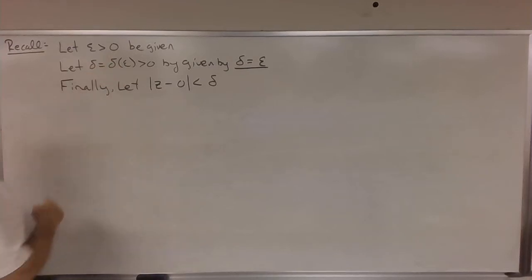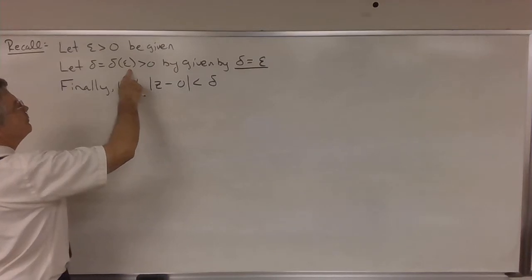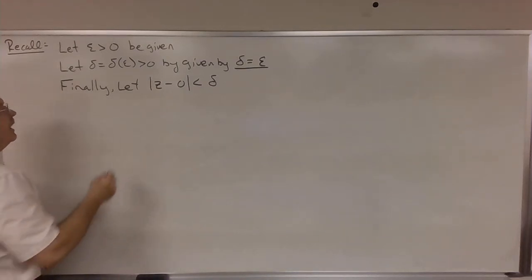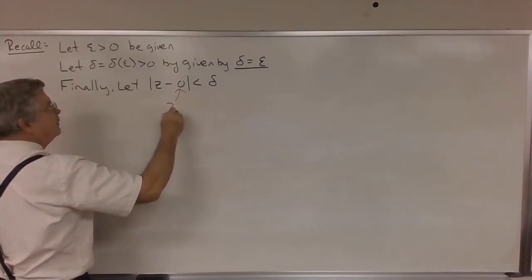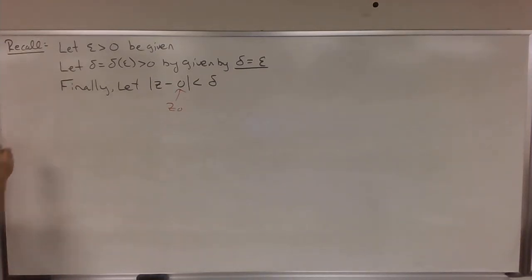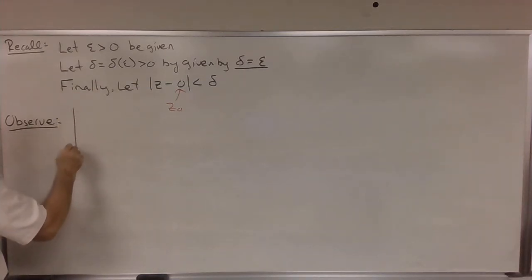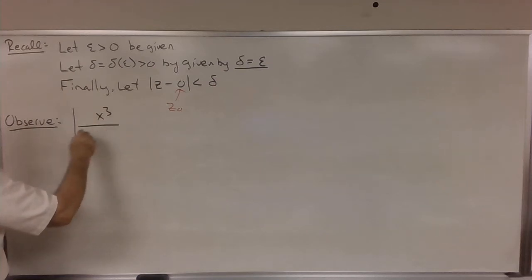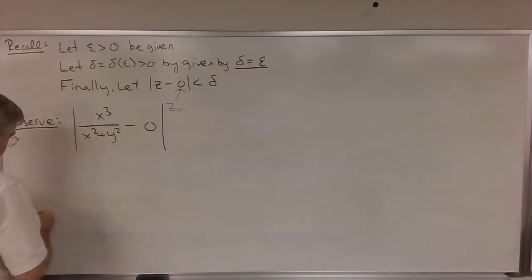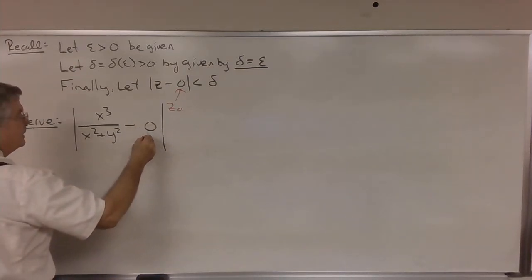That we have epsilon greater than 0 be given. And we have delta equals some function of epsilon greater than 0, given by delta equals epsilon. And we have modulus of z minus z naught less than delta. So let's see where this goes. X cubed over x squared plus y squared minus 0, where 0 is the limit.